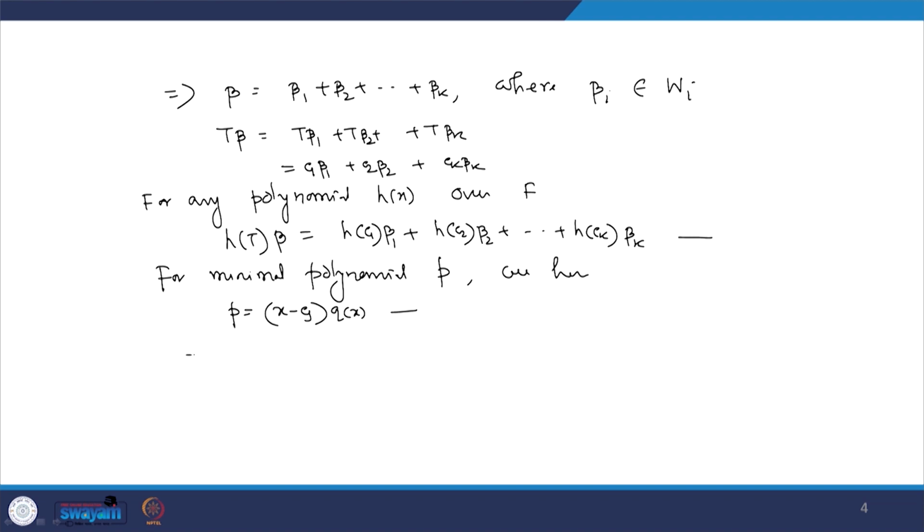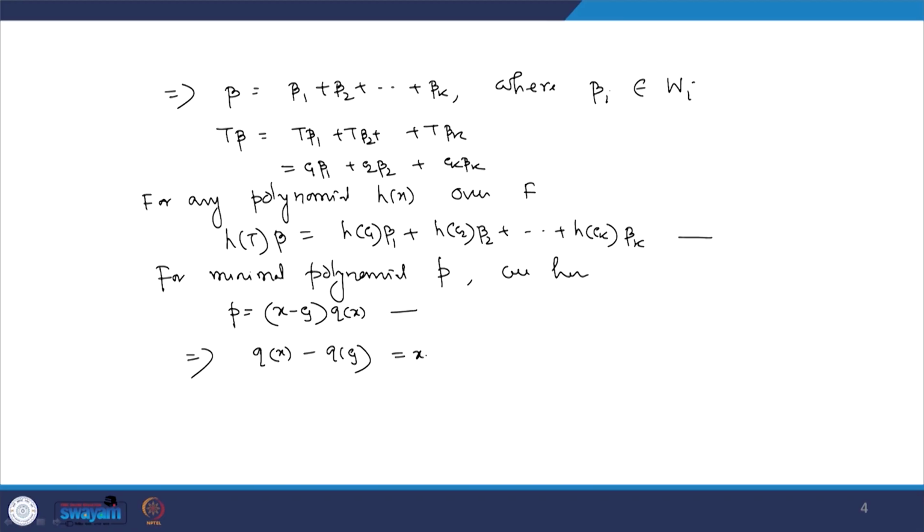So, this implies that if I consider Qx minus Qcj, it will be a polynomial such that x minus Cj will be a factor, because putting x equal to Cj, this is equal to 0.